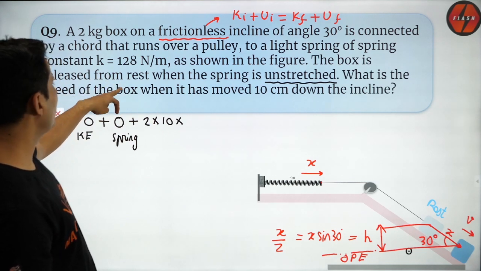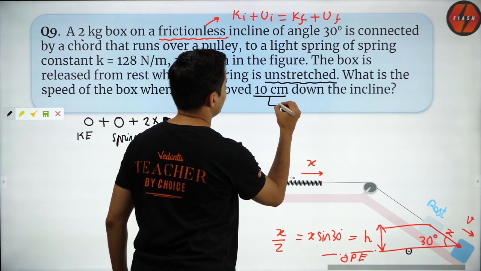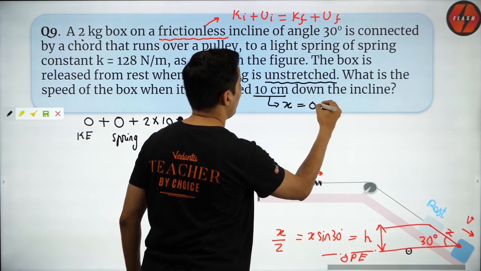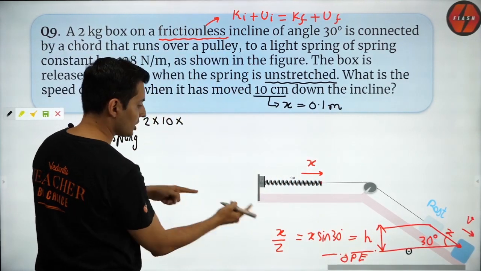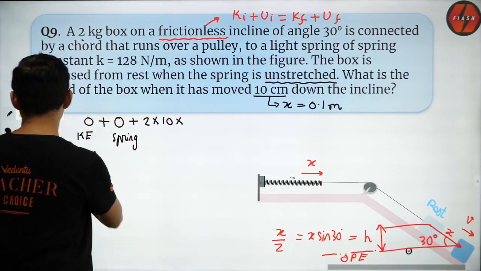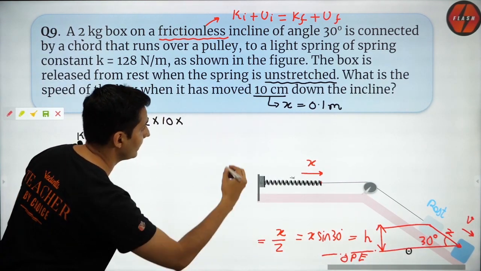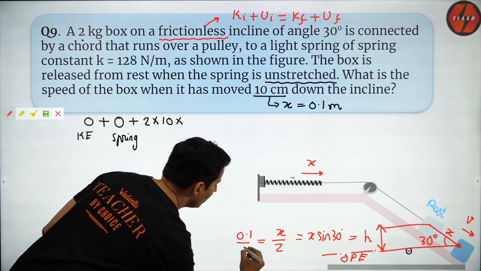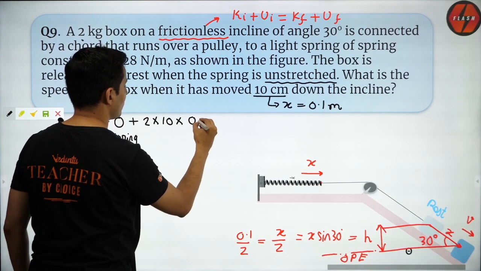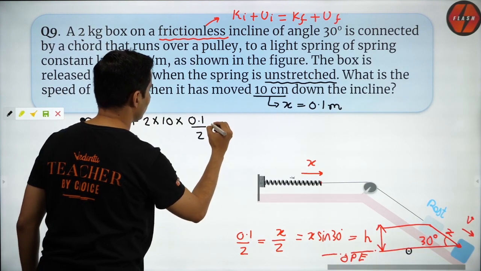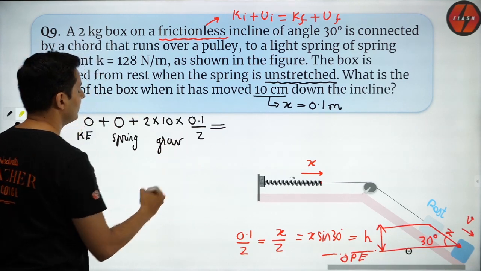And do I know the value of X? Yes. Look at this. This is nothing but X, which is 0.1 meter. So H will be X by 2, that is 0.1 divided by 2. So I'm going to substitute that over here. So 0.1 divided by 2 is equal to, so this is gravitational energy.